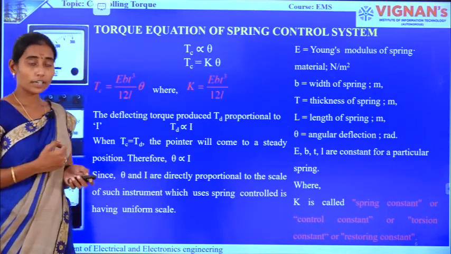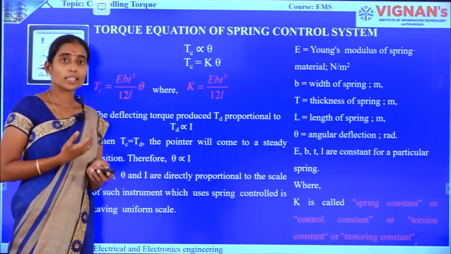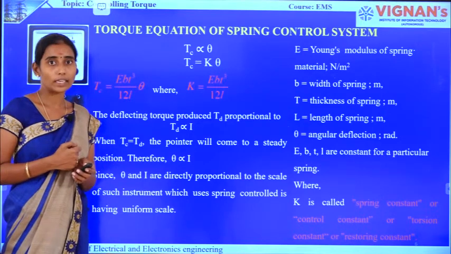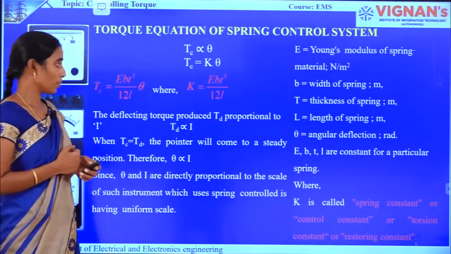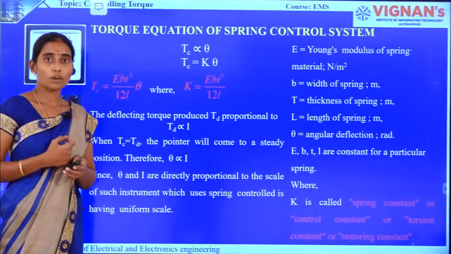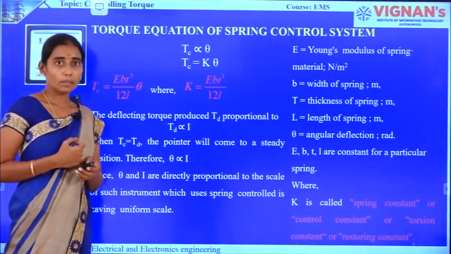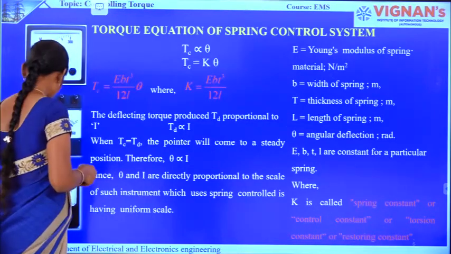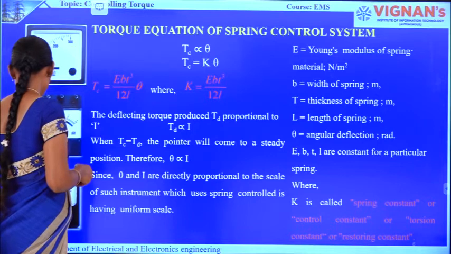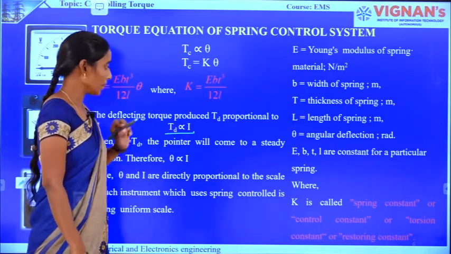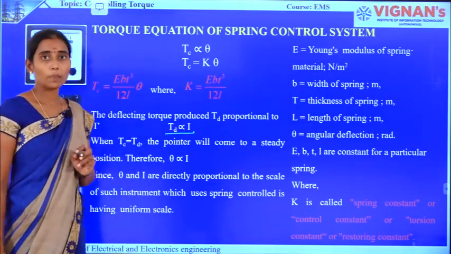So, we have already discussed that the deflecting torque is directly proportional to angle of deflection theta. So, tau d is directly proportional to the current flowing, the unknown quantity to be measured. So, your deflecting torque is directly proportional to the quantity to be measured.